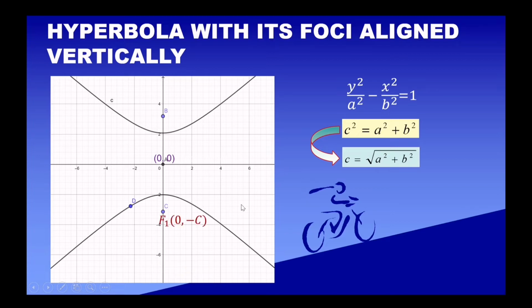So with F1, which is below the midpoint, it is (0, -c), and F2 is (0, c). And B1 and B2 are collinear with F2 and the midpoint. Ito yung ating transverse axis, which joins B1 and B2, and it is equivalent to 2a.